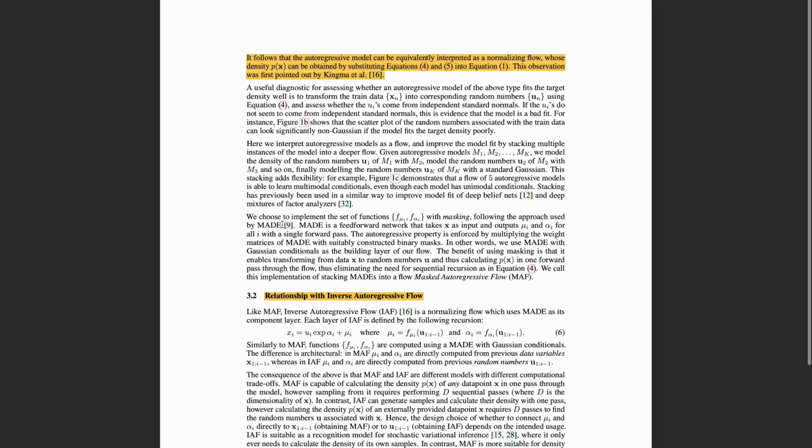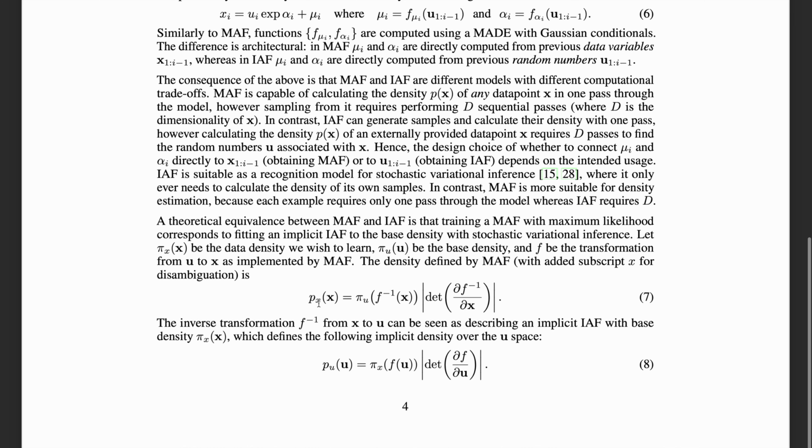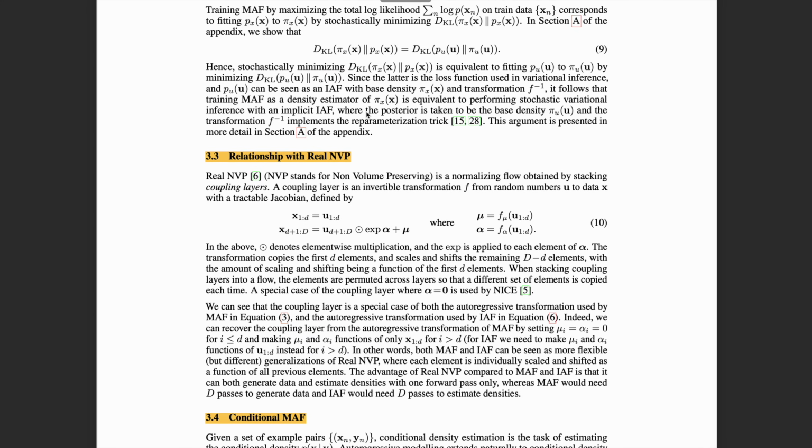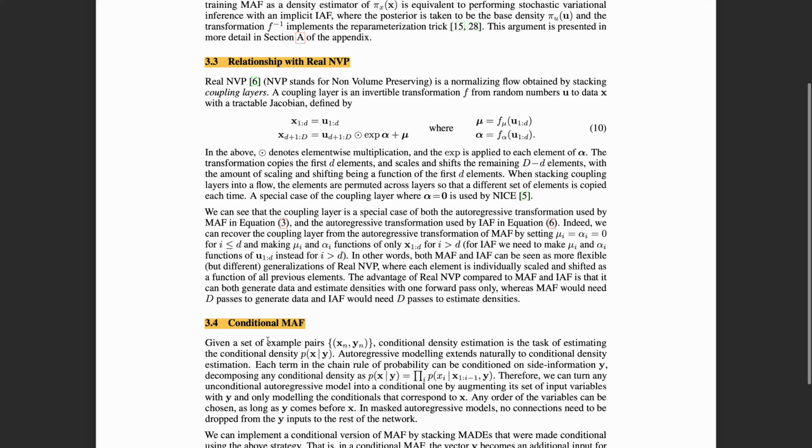They show that this architecture, MAF, is a generalization of IAF, another kind of normalizing flow, and also a generalization of RealNVP that we implemented last week. They also show how you can condition it, making sure that it is sound mathematically, that it does not affect the Jacobian.